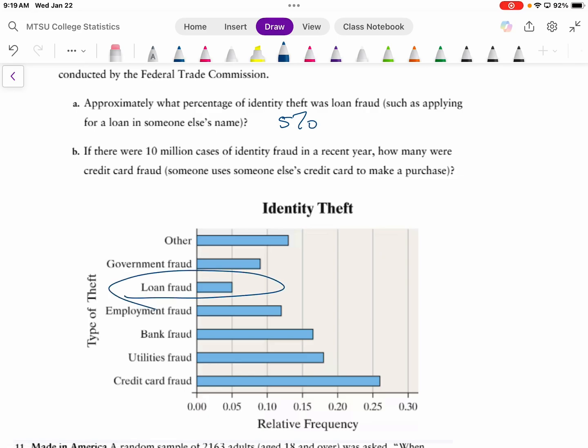And then if there were 10 million cases of identity fraud in a recent year, how many were credit card fraud, where someone else uses a credit card to make purchases?